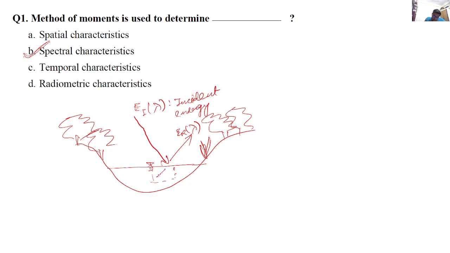A part of it will get absorbed into the water body, let us say, that is EA lambda, and a part will be transmitted, that would be ET lambda.